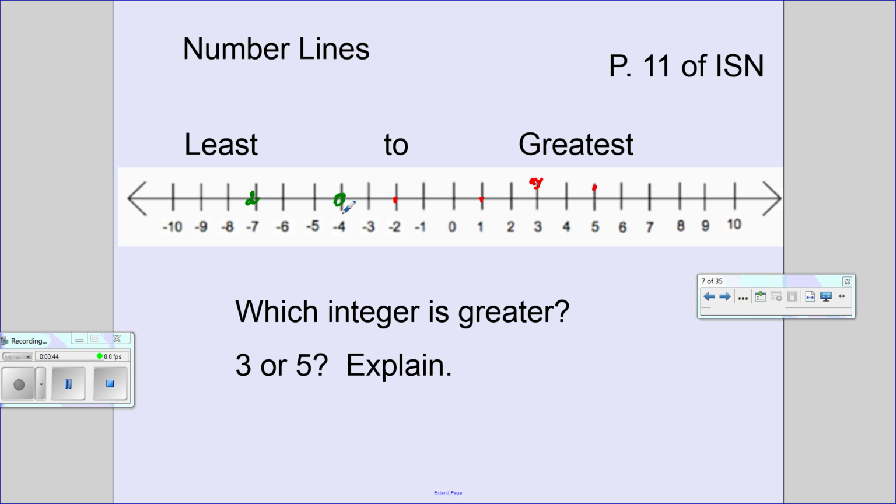Another way you could think about it is a real life situation: if someone borrowed $4 and someone borrowed $7, who is richer or greater? The person who borrowed $4, because they are only $4 in debt, while this person is $7 in debt. If a football team lost 4 yards and another football team lost 7 yards, which team is greater in sport? The team that lost only 4 yards.